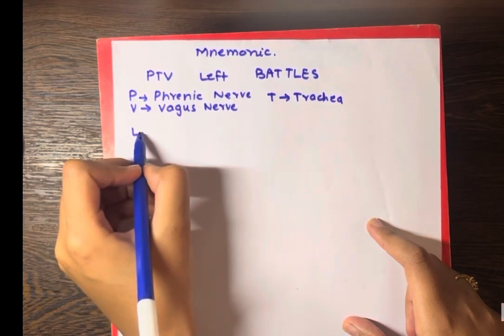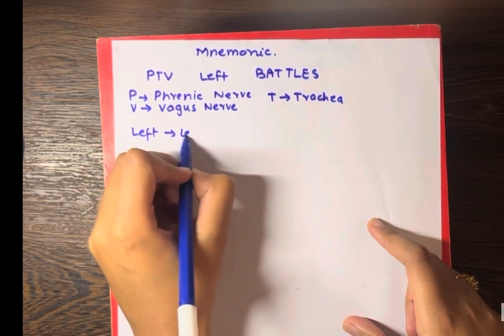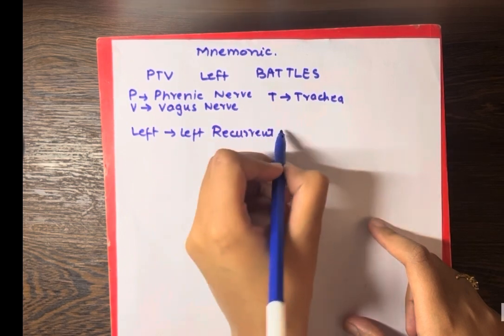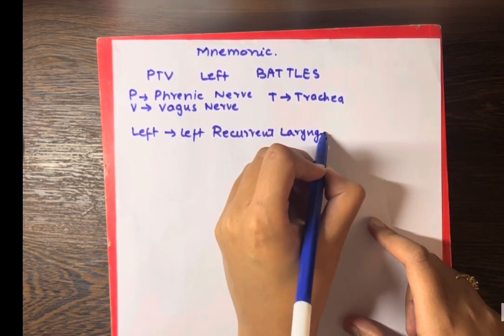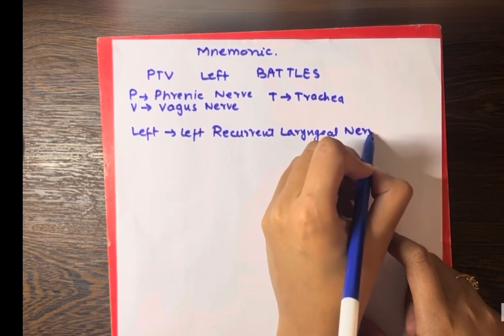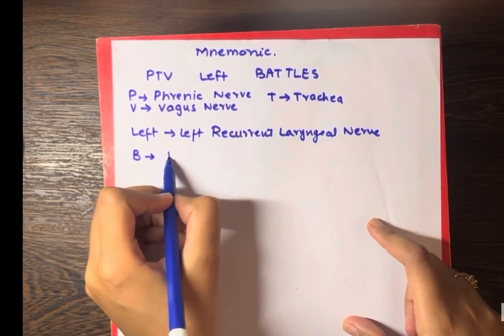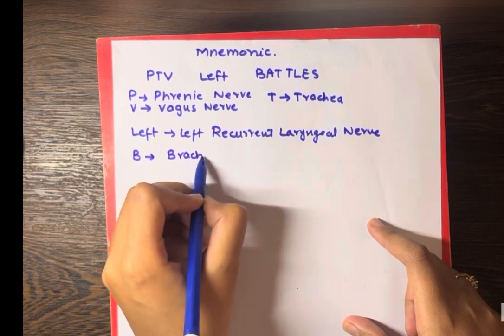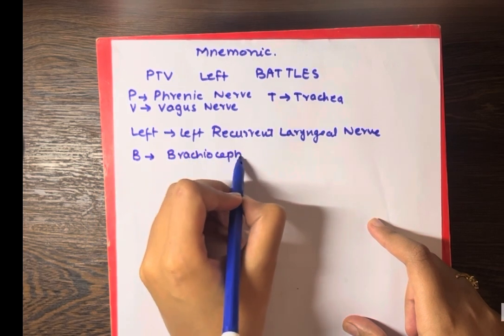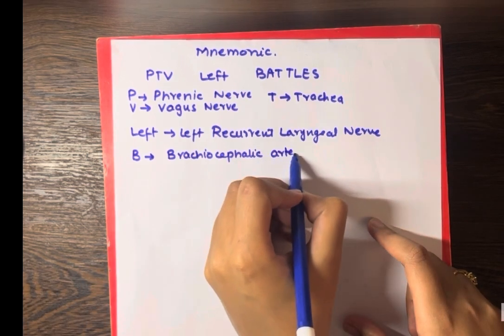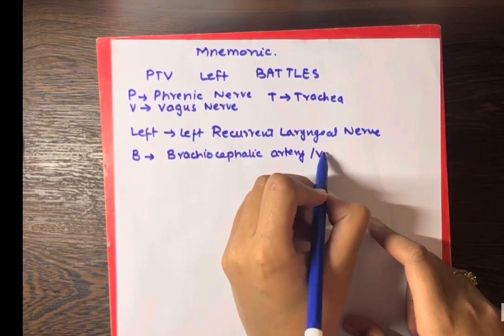PTV, left for left recurrent laryngeal nerve, and B for brachiocephalic artery and vein.